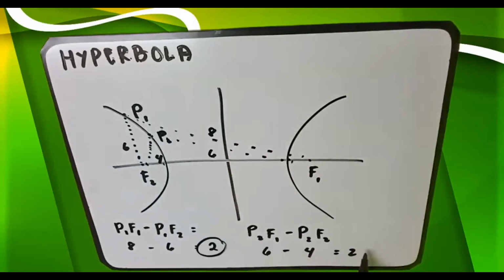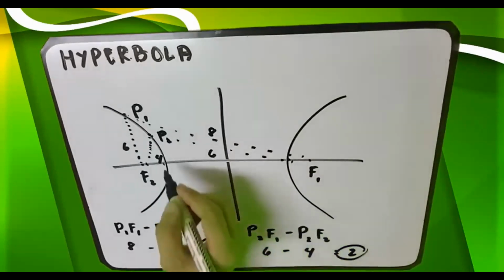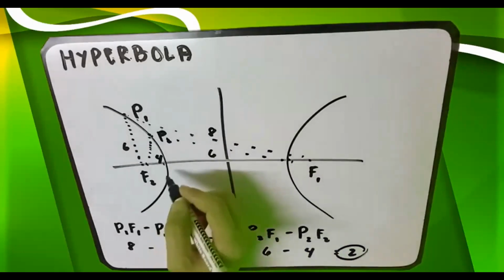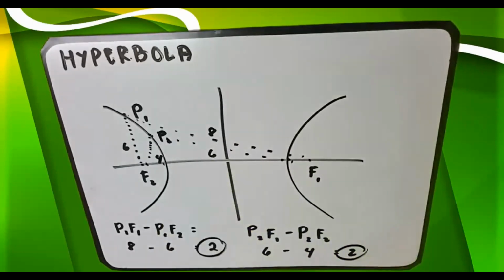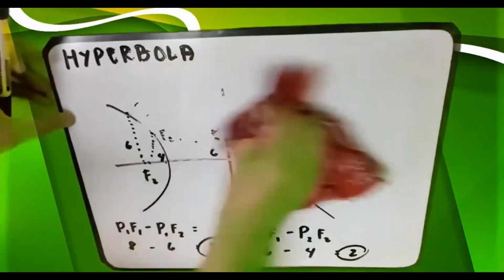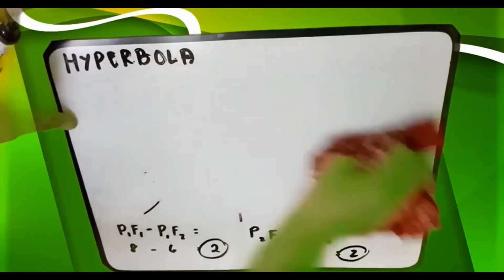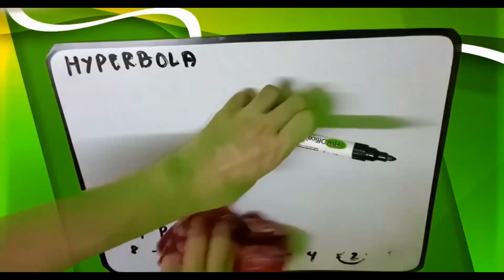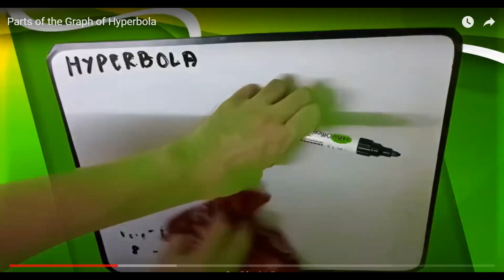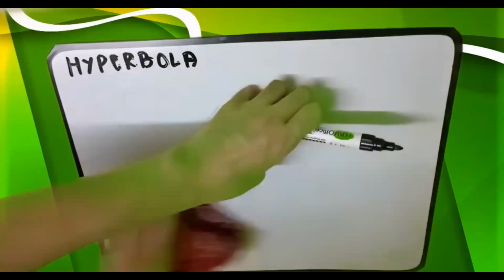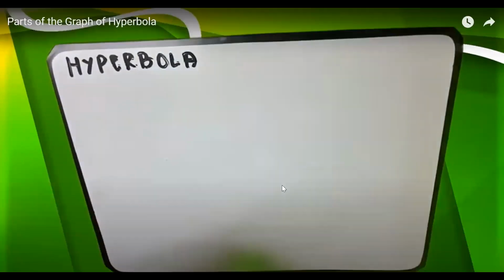So yung constant, ibig sabihin yung difference nun kahit saan part ng hyperbola is the same. So that is the definition of a hyperbola.